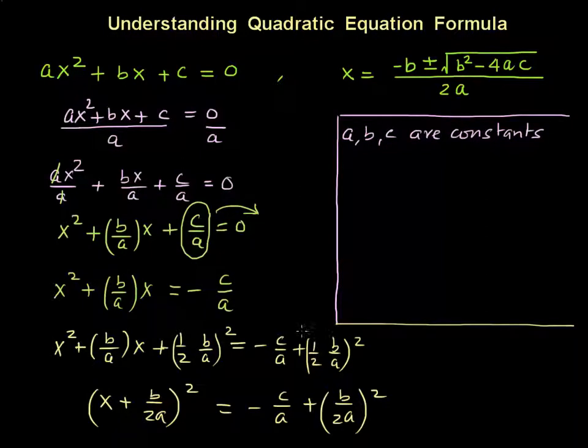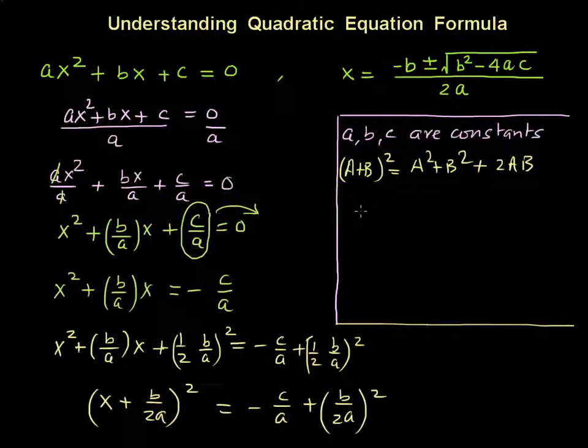Okay, so let's understand this part a little bit. Write down here why and how this entire portion of three terms is equal to x plus b upon 2a whole square. So let's use this formula. You know that a plus b whole square is equal to a square plus b square plus twice of ab, right?